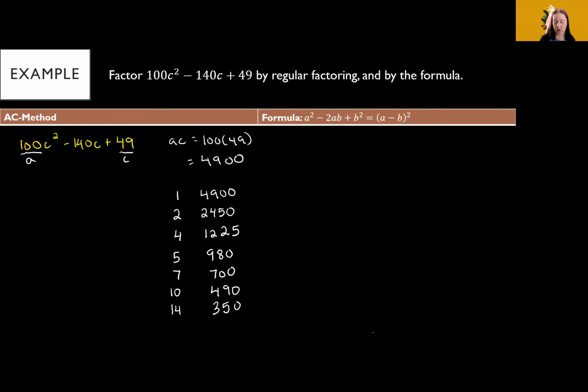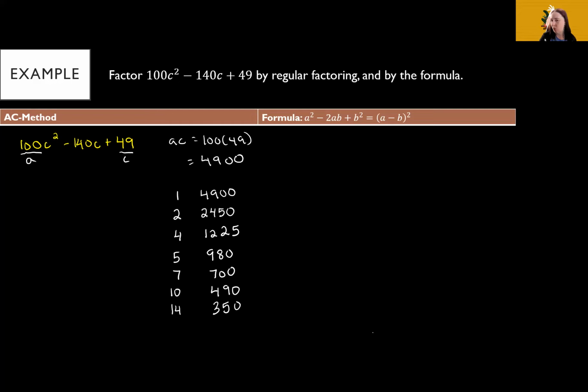And you may be wondering, how do I know when to stop trying? So on your calculator, if you take the square root of 4,900, that is 70. So I need to keep going until I basically checked all of the numbers up to 70, which is a lot.